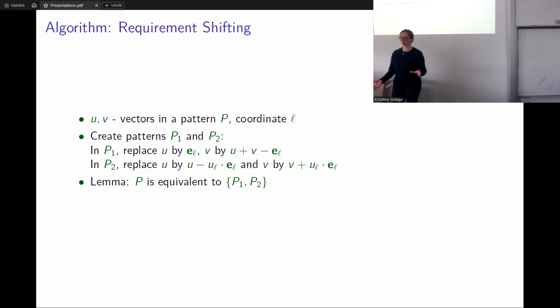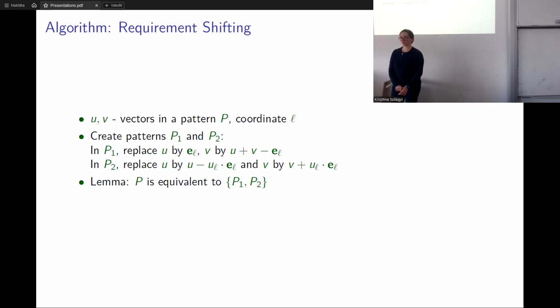So we shift all except one unit of requirement from U to V. And similarly in P2, we shift all the requirements from coordinate L from U to V. So we again replace U and V by the vectors that you can see here.